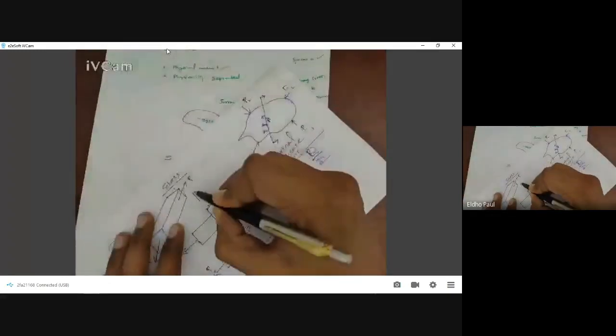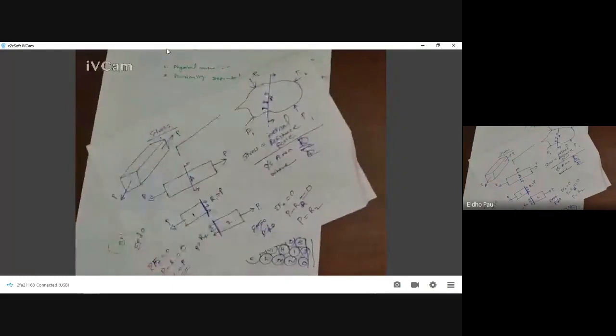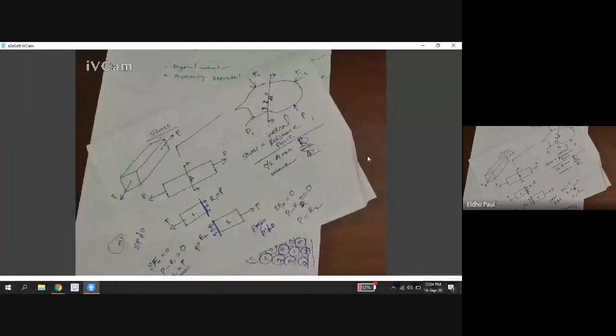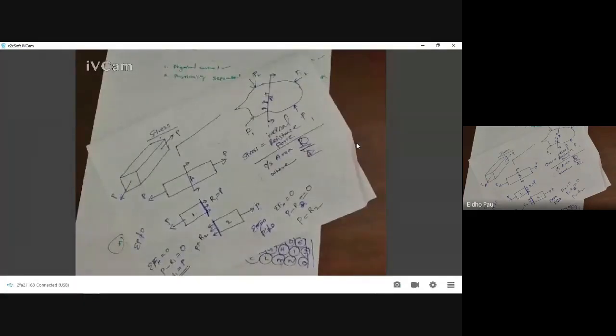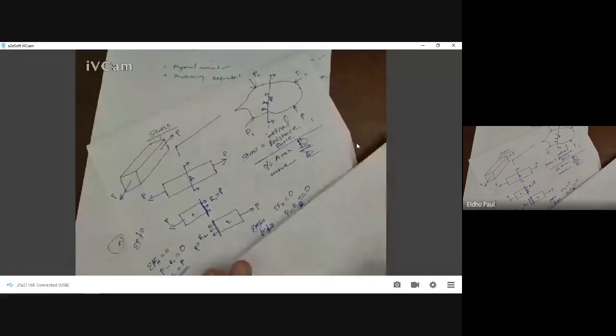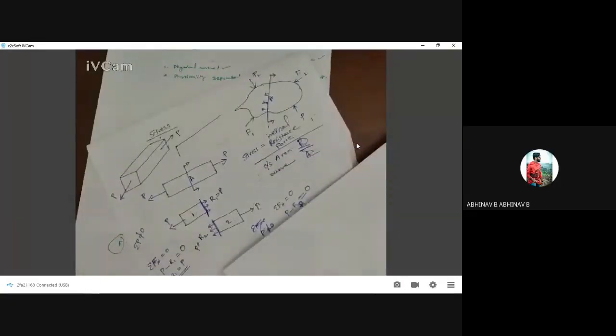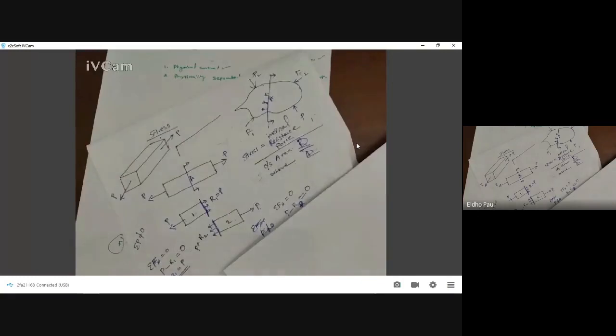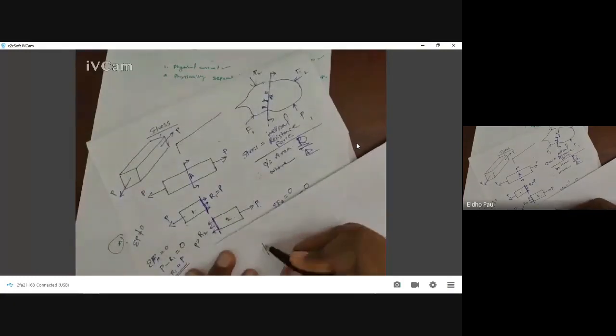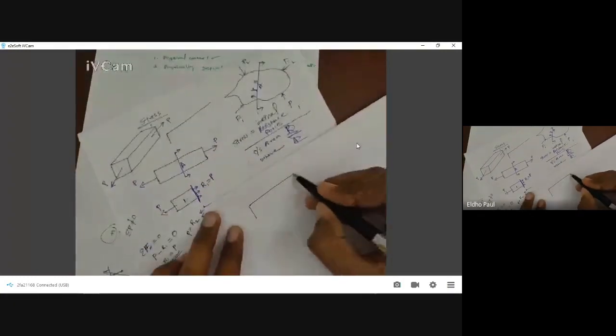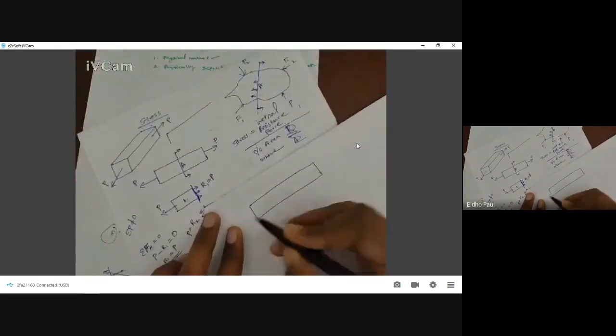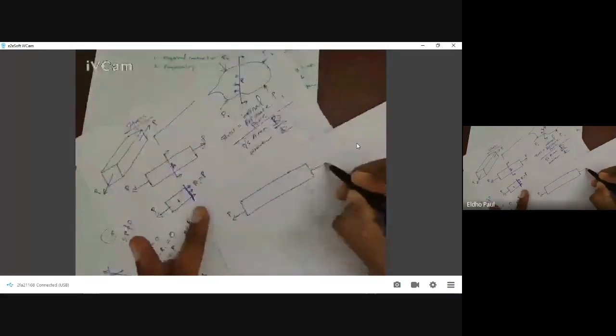Next, I am going to redraw this entire body. Here P is acting, and here P is acting.